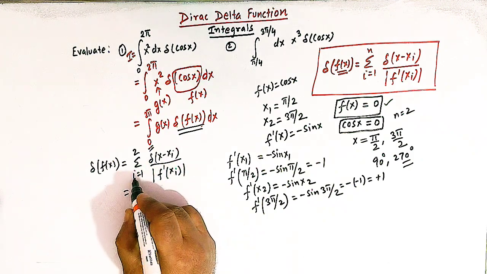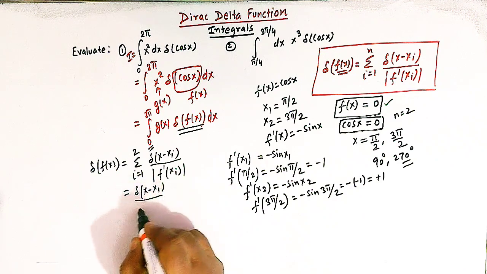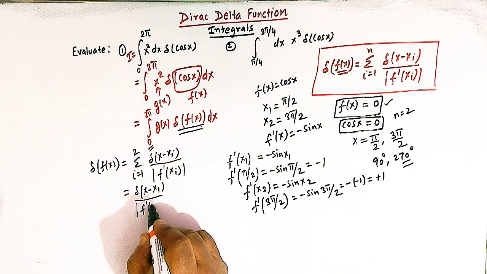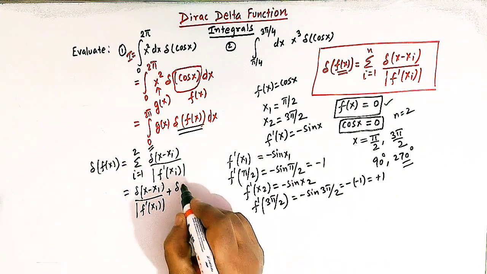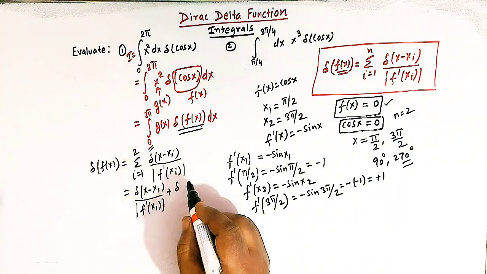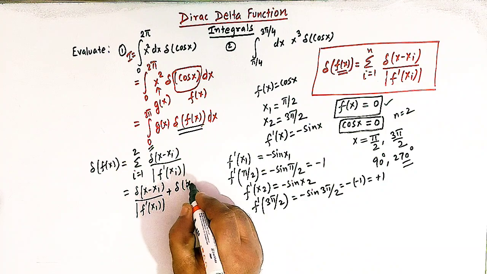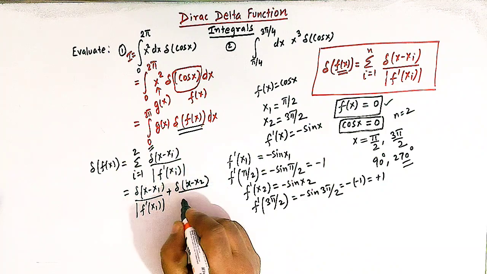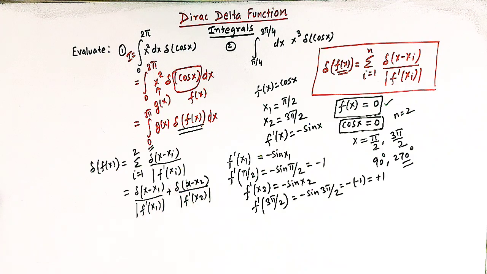Now taking i equal to 1, we have delta of x minus x1 over mod of f prime of x1. Then we have plus, taking i equal to 2, delta of x minus x2 over mod of f prime of x2.